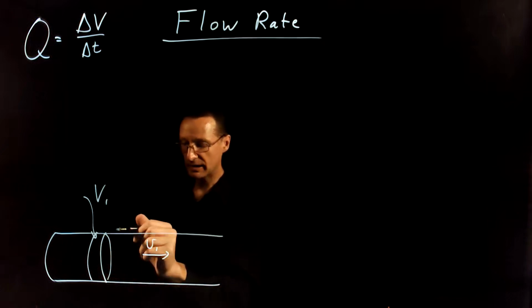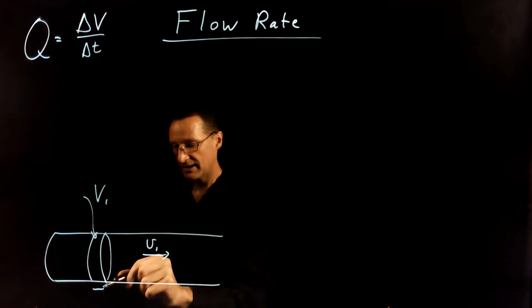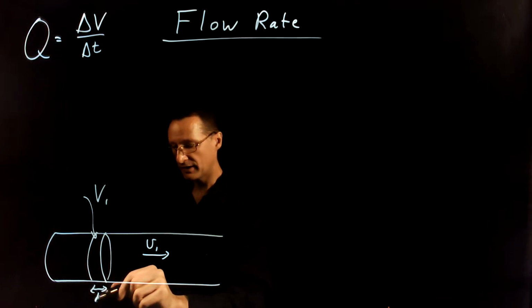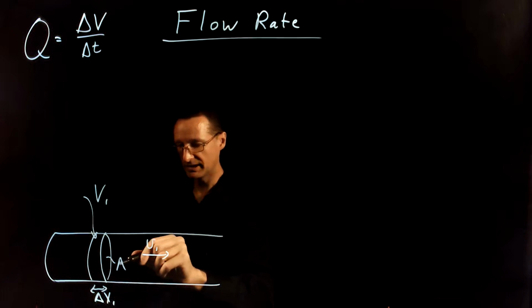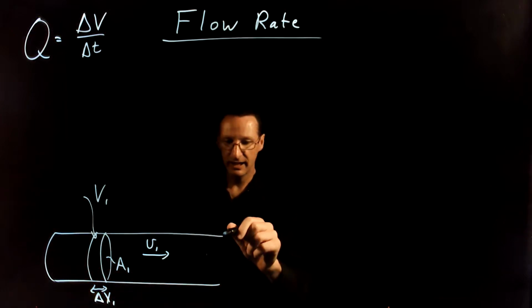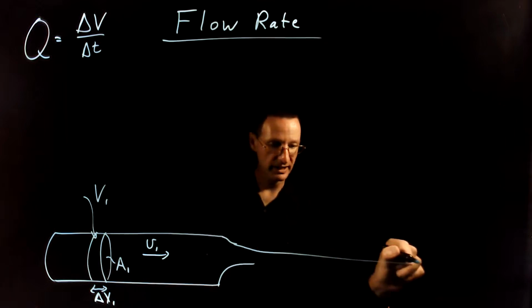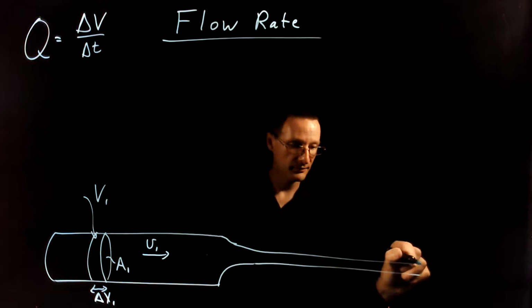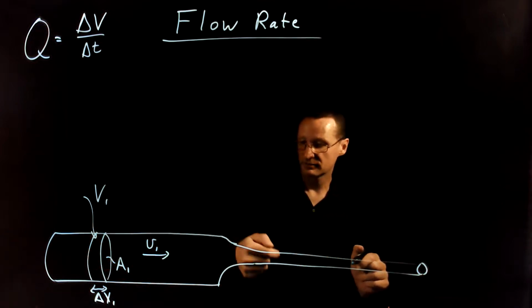I'm going to take a sort of cylindrical slice of this, and that slice is going to have width of delta x1, and the area of this is going to be A1. As it moves through here, let's say we narrow the pipe and let it become a lot thinner. Well, what happens to this fluid as it travels along this direction?